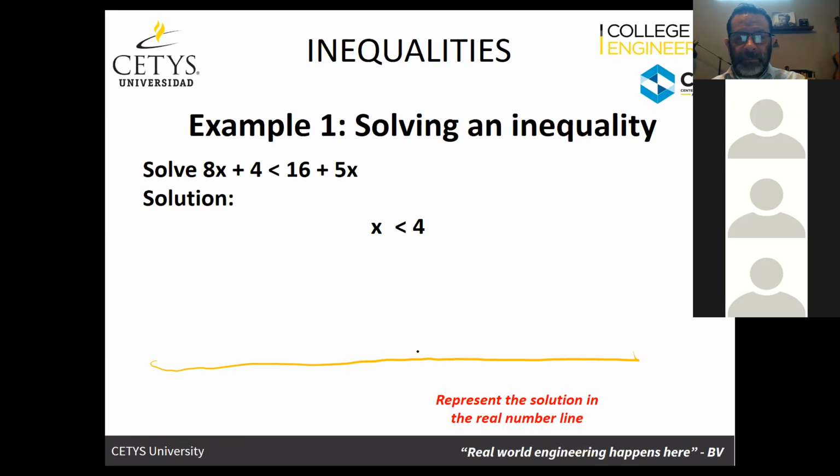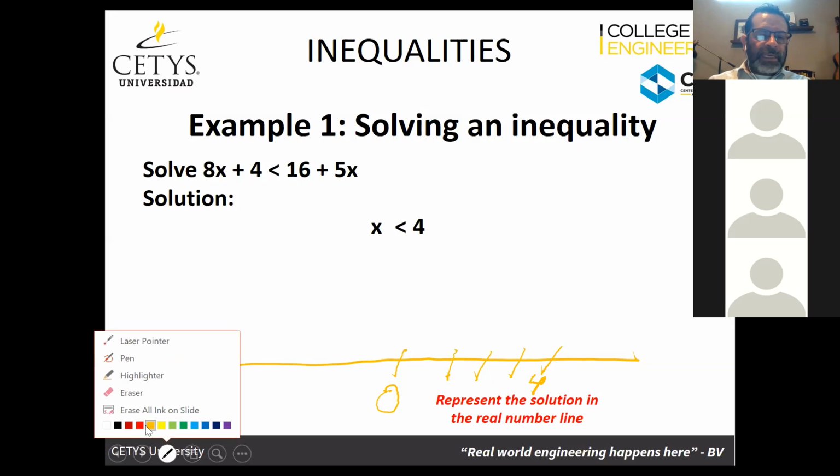And we'll place here the 0, which is going to be the reference to the number line. And so the number 4 is going to be located, I'm going to mark this here, 1, 2, 3, 4. And here we're going to have the number 4. Okay, so x is going to be less than 4.